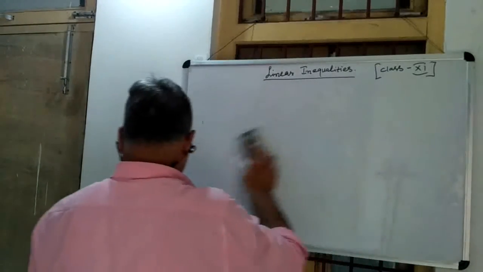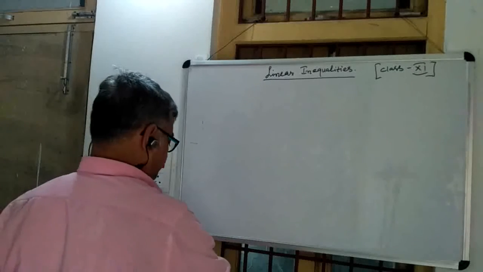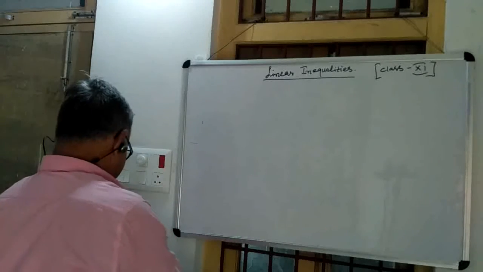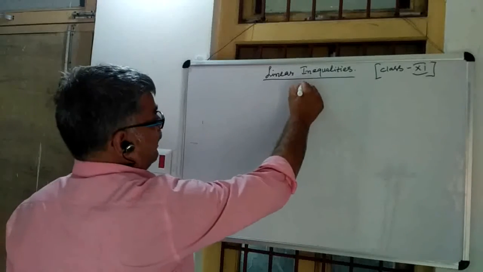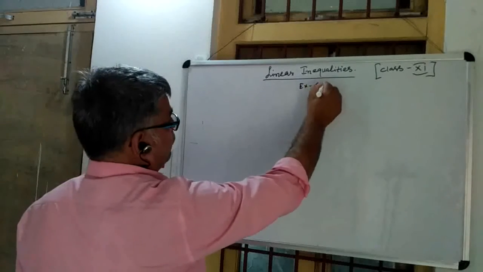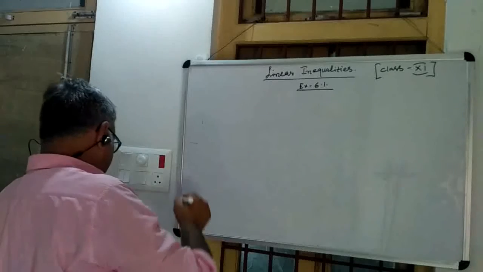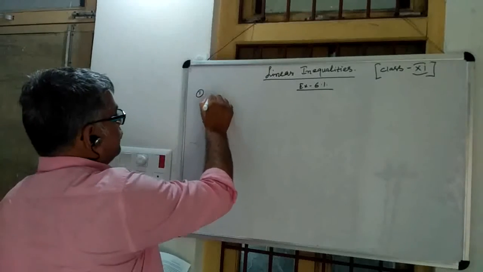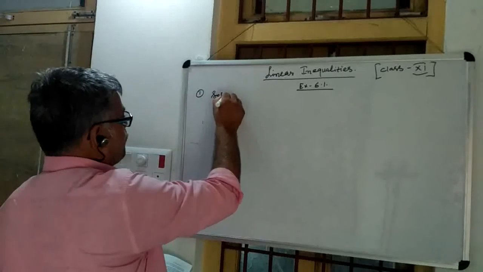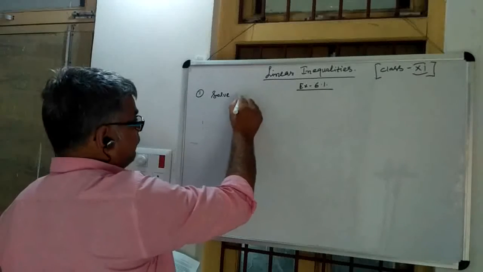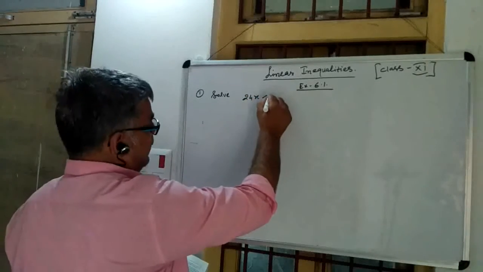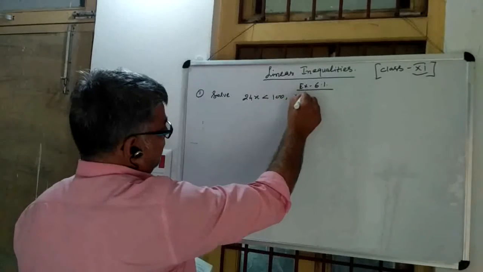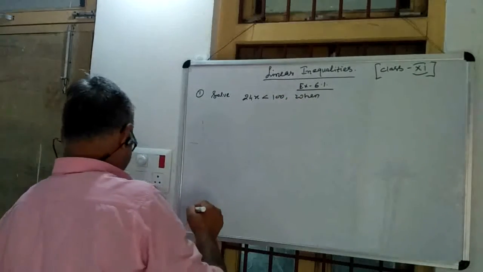Exercise 6.1. The first question is, solve 24x is smaller than 100, where there are conditions given.